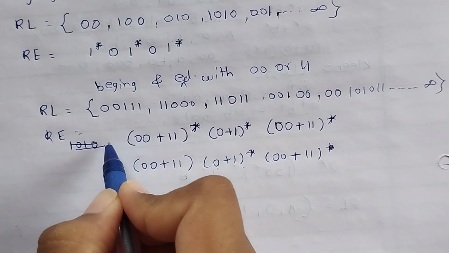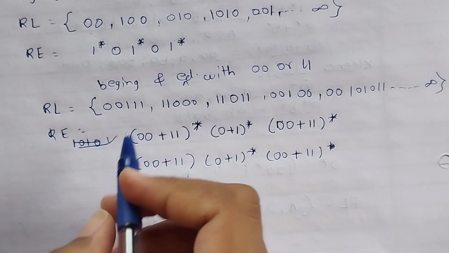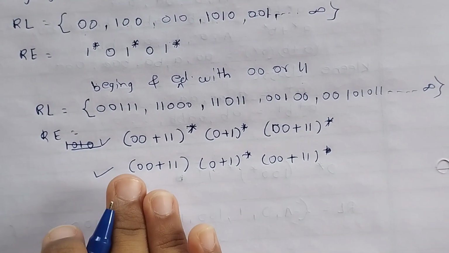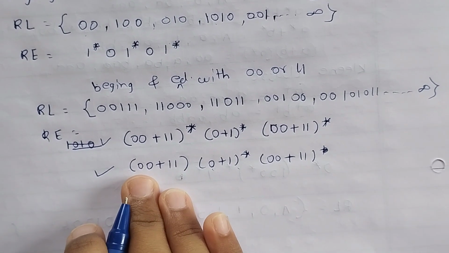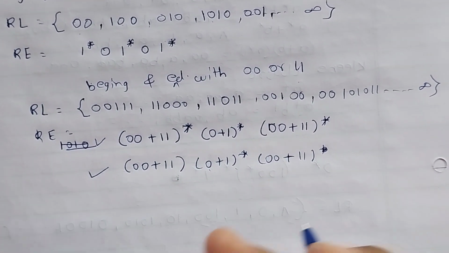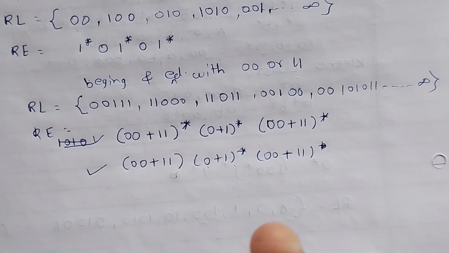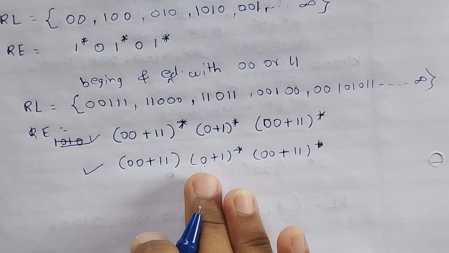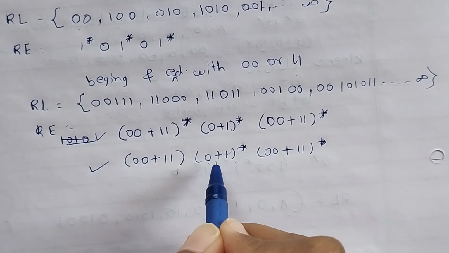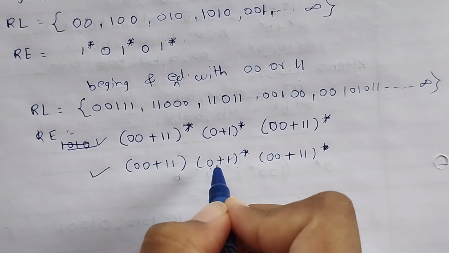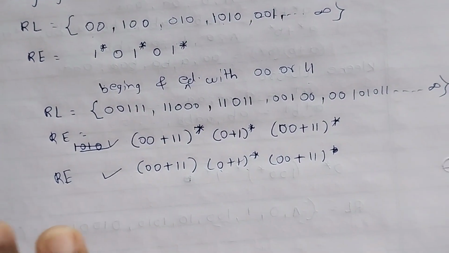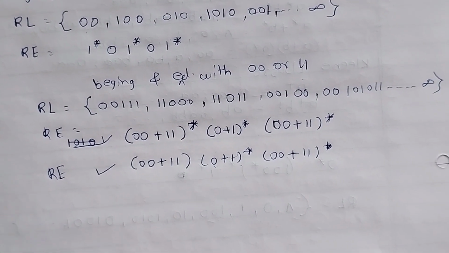So instead of preferring the earlier form, I think you prefer this one, because it is clear from the statement you want to start with 00 or 11. Again, two 0s or four or three, any combination comes, then (0+1)* is covered. So I think this is the correct regular expression. I hope you all get the idea now.